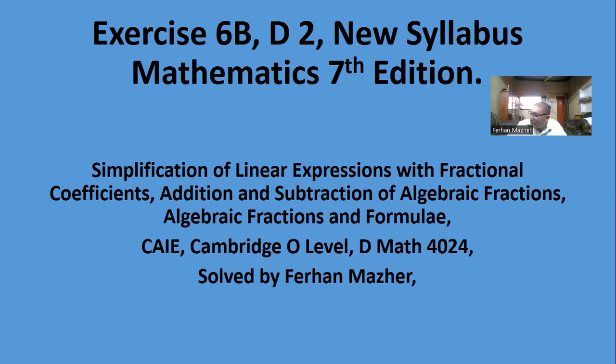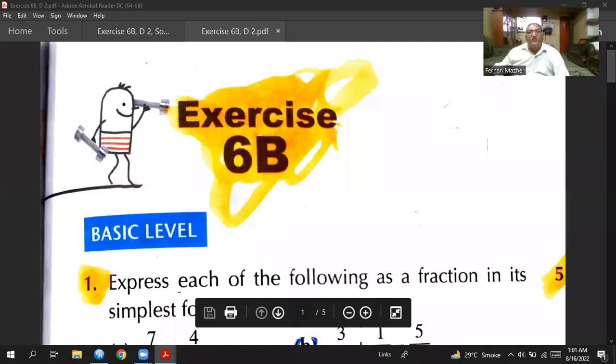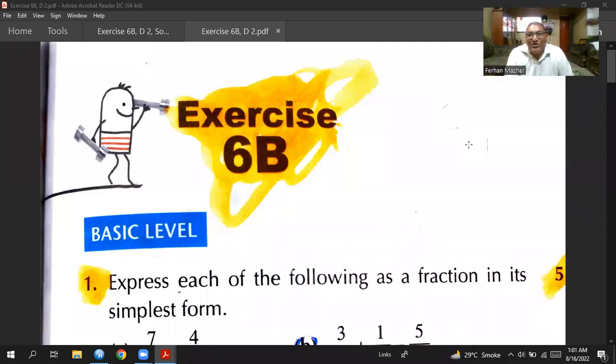This is exercise 6B from the book D2. This is the first video on this exercise. Okay, so exercise 6B is showing up on your screen from the book D2.